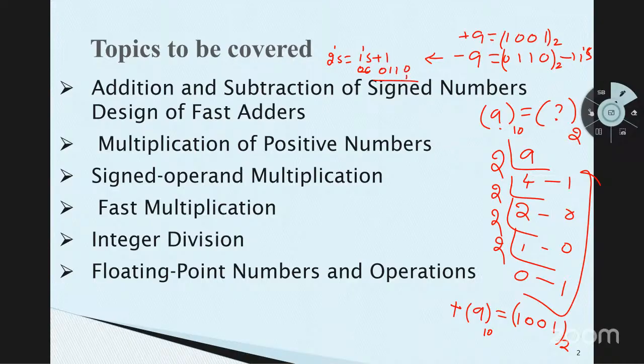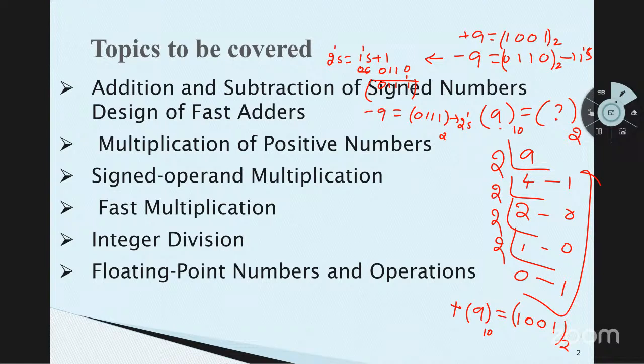Then you add 0 plus 1: 1, 1, 1, 0. So this is the minus 9 equivalent twos complement. Right? So that is the representation of negative numbers.